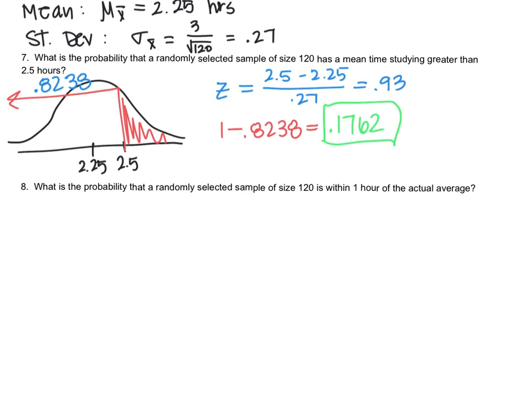Number 8, we want to find the probability that a randomly selected sample size of 120 is within 1 hour of the actual average. So I'm going to start off by drawing the distribution. So we have 2.25. 1 hour above that is going to be 3.25, and 1 hour below is going to be 1.25.